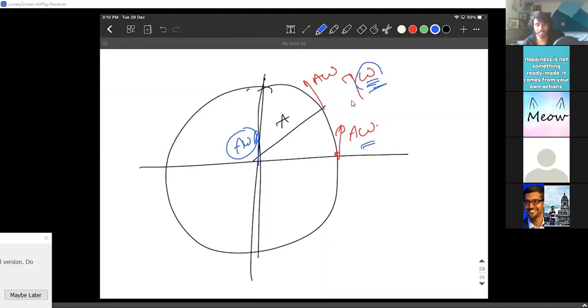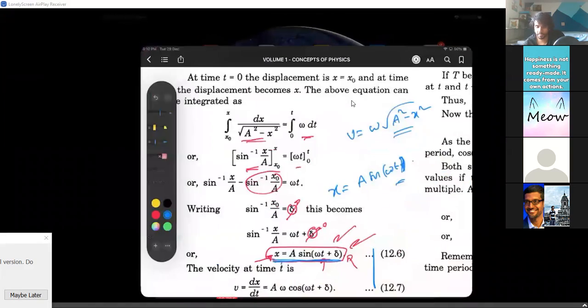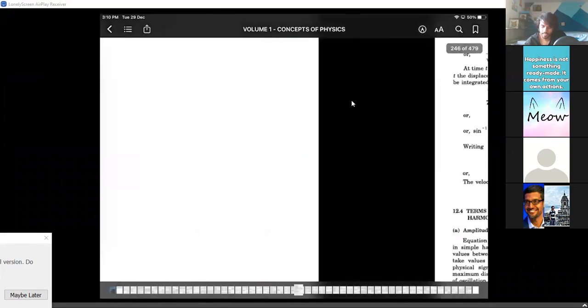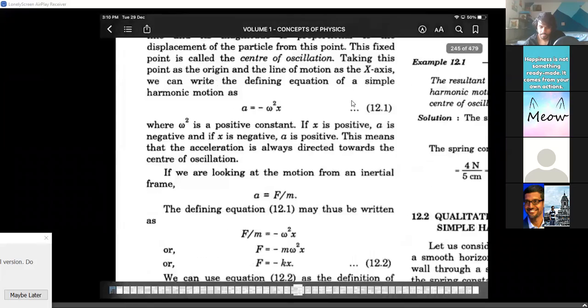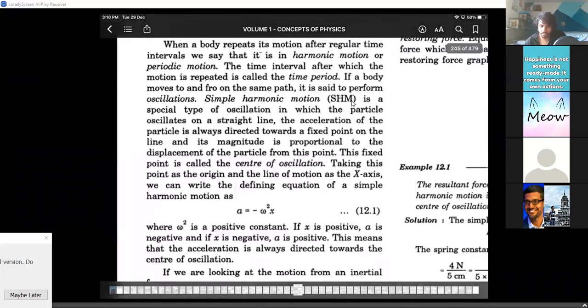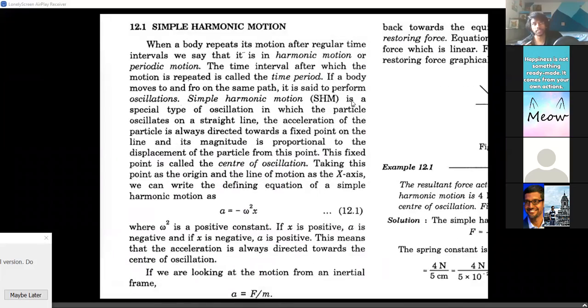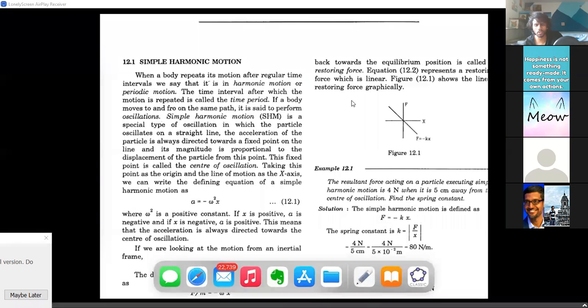But look at HCV's textbook. In the very first page itself, this is where you find a equals minus omega square. You don't even understand why there is an omega there. I don't completely like the way it is introduced there. You can happily work your way around using just k by m in the previous processes.